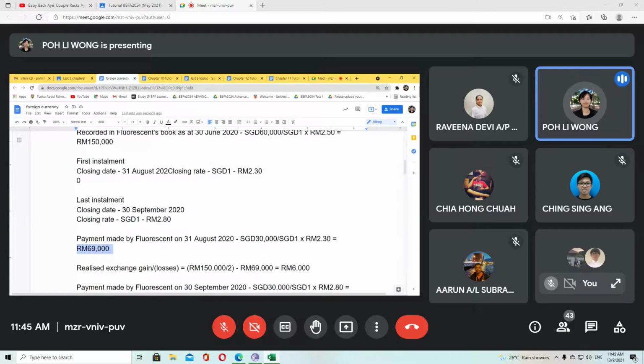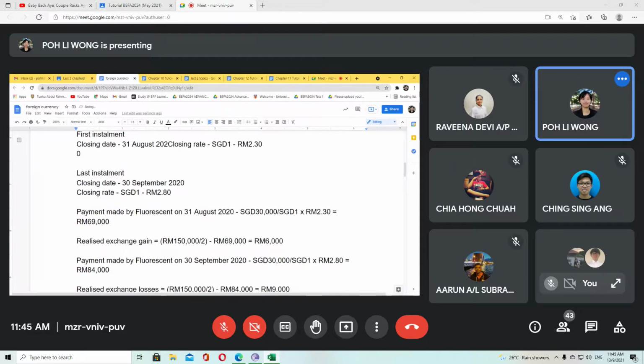So I have taken in 75,000, but if I make payment on 31st August, I will have a realized foreign exchange gain. So this is basically a gain of 6,000 ringgit. In my book was 75,000. Okay.